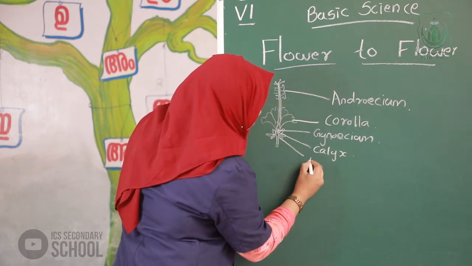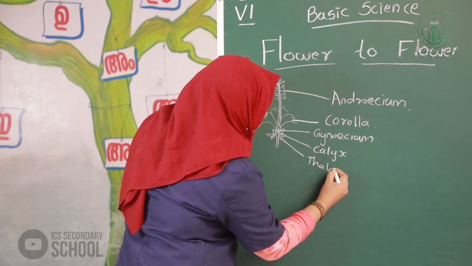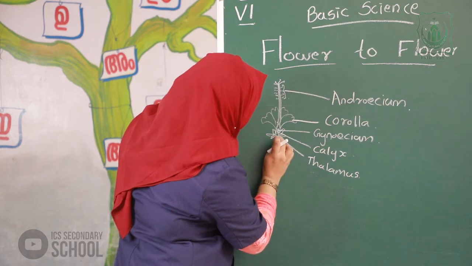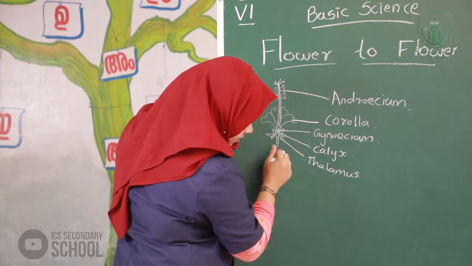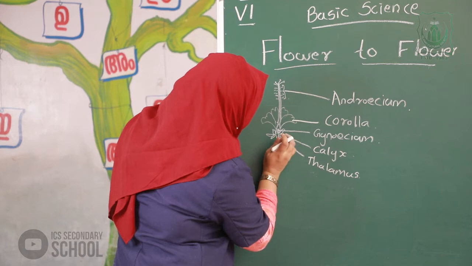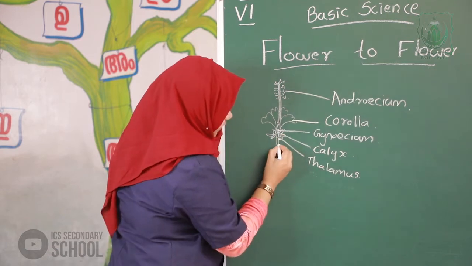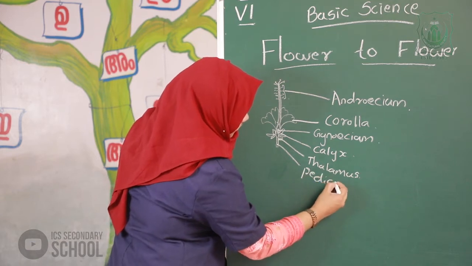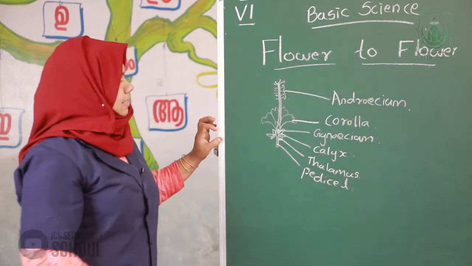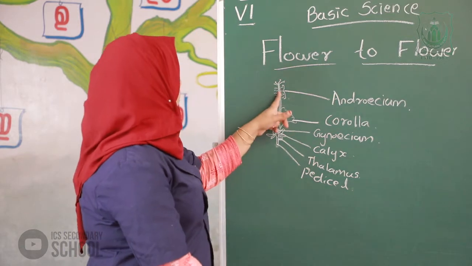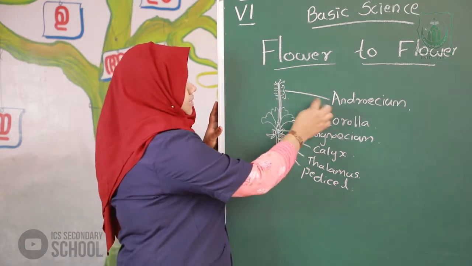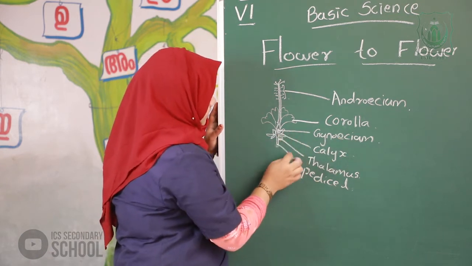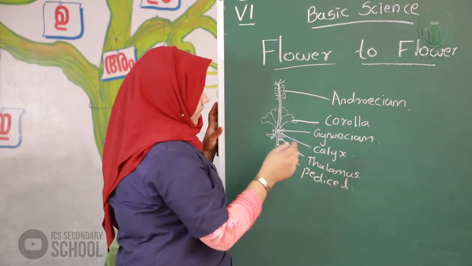Then this is the thalamus, and this one is the pedicel. The parts of the hibiscus are androecium, corolla, gynoecium, calyx, thalamus and pedicel.